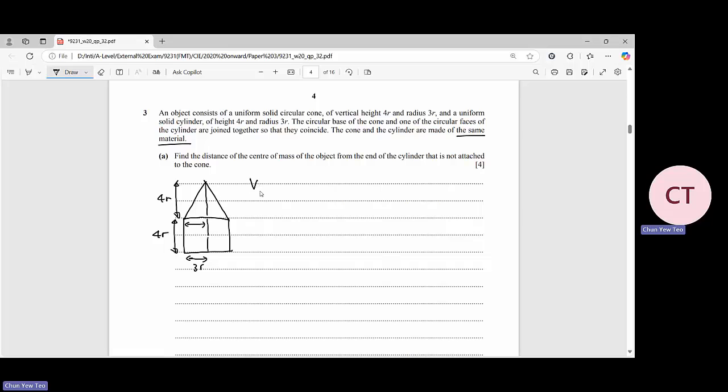So the volume for the cone is 1/3 pi 3r square h, you get 12 pi r cube. The volume for the cylinder is pi r square h, which is 36 pi r cube.